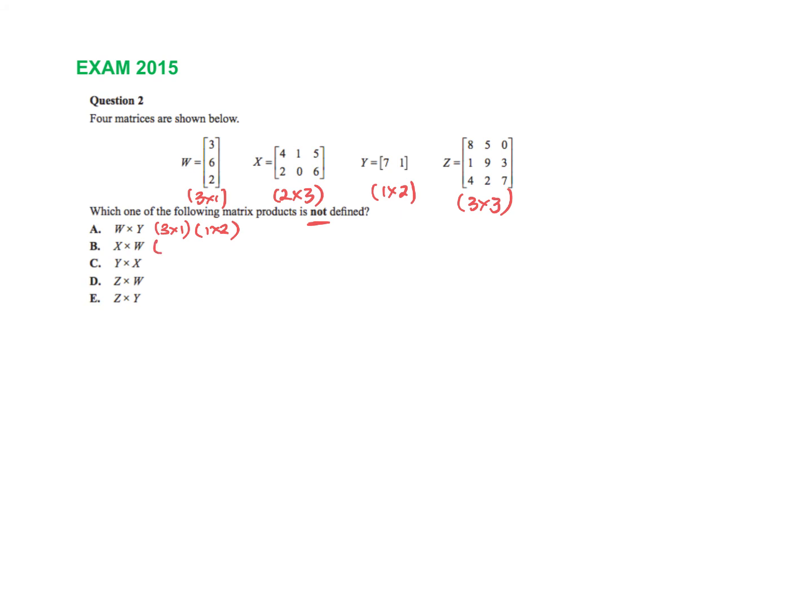X is a 2 by 3 with W, a 3 by 1, that's defined. Y is a 1 by 2 and X is a 2 by 3, that's defined. Z is a 3 by 3, W is a 3 by 1, that's defined. Of course it's the last one. Z is a 3 by 3 and Y is a 1 by 2. This one is not defined, so E.